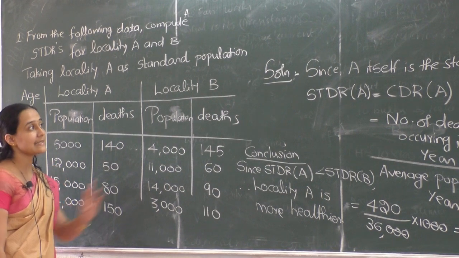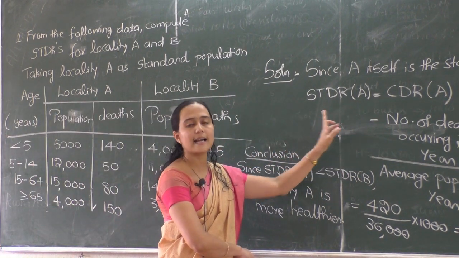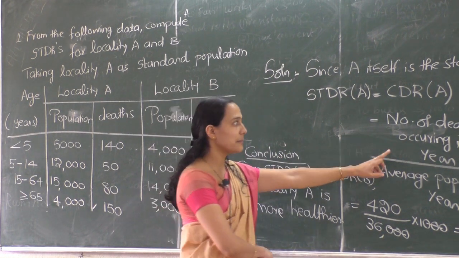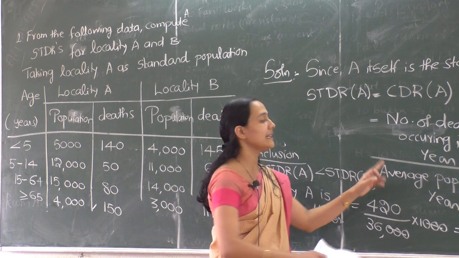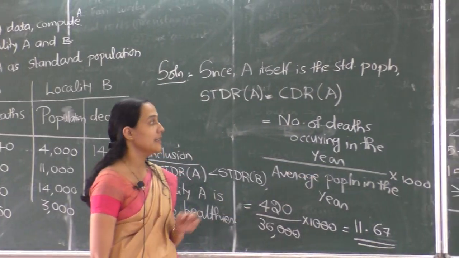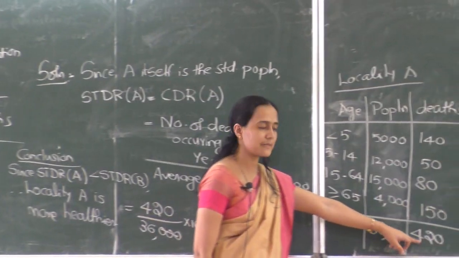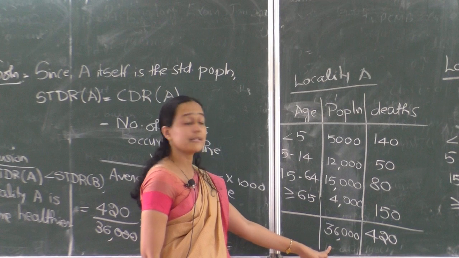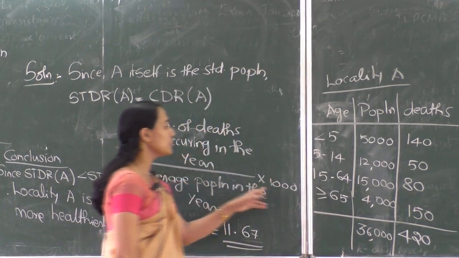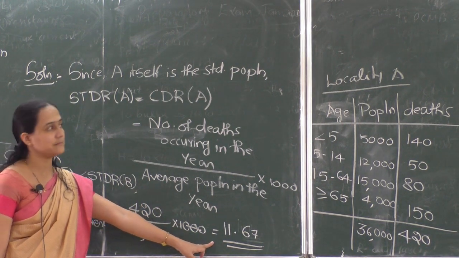So the procedure is, since A itself is the standard population, STDR of A is same as CDR of A. CDR formula is number of deaths occurring in the year divided by average population in the year into 1000. So number of deaths means total deaths, that is this one. Now average population means population A total, that is 36,000, into 1000. Answer is 11.67.